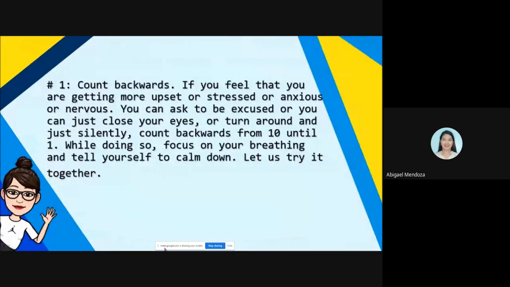Number 1. Count backwards. If you feel that you are getting more upset or stressed or anxious or nervous, you can ask to be excused or you can just close your eyes or turn around and just silently count backwards from 10 until 1. While doing so, focus on your breathing and tell yourself to calm down.